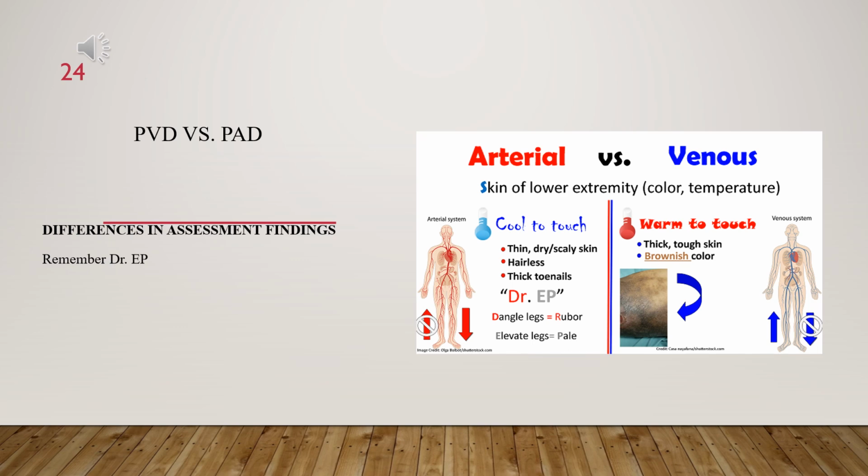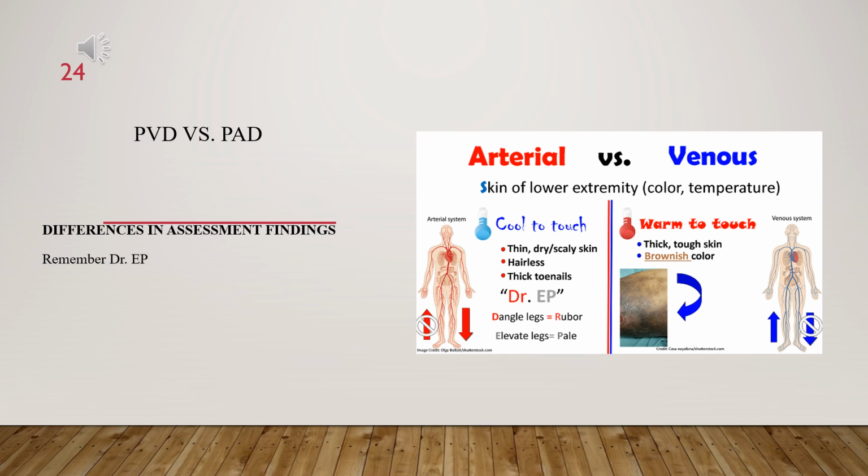So their skin is going to be a brownish color and thick and tough. Whereas with arterial disease, the blood really can't get down to the periphery. So our skin is going to be cool to touch. It's going to be thin and dry and scaly. We're going to see hairlessness. We're going to see thick toenails.